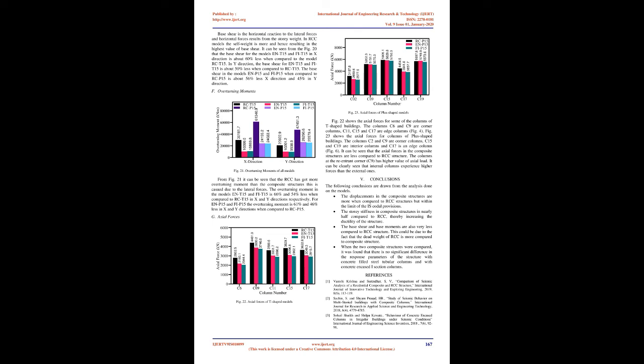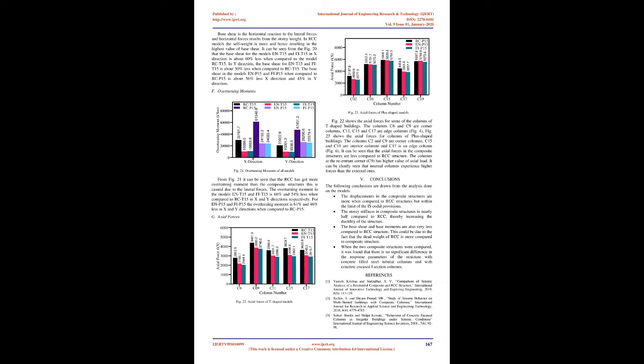E. Base shear. Fig 20. Base shear of all the models. Base shear is the horizontal reaction to the lateral forces, and horizontal forces result from the story weight. In RCC models the self-weight is more, and hence results in the highest value of base shear. It can be seen from Fig 20 that the base shear for the models NT15 and Phi-T15 in X direction is about 60% less when compared to the model RCT15.